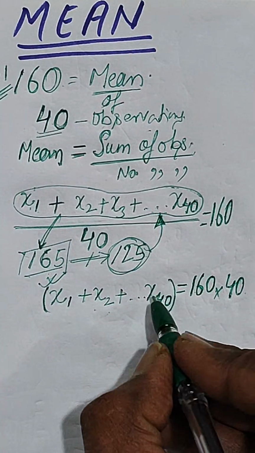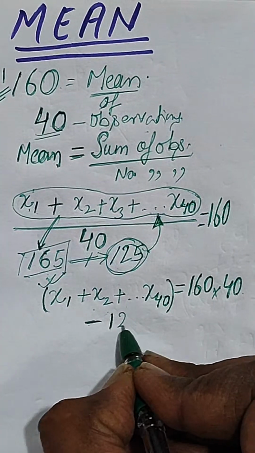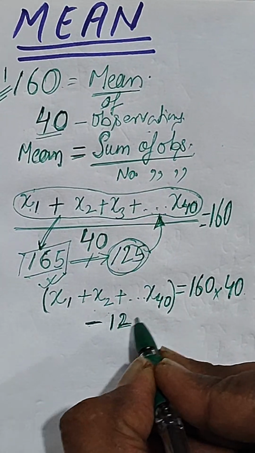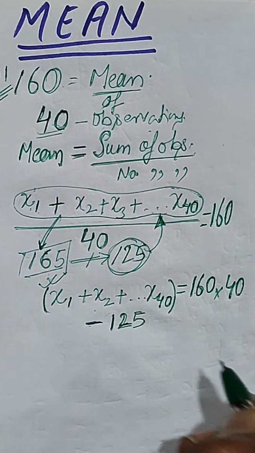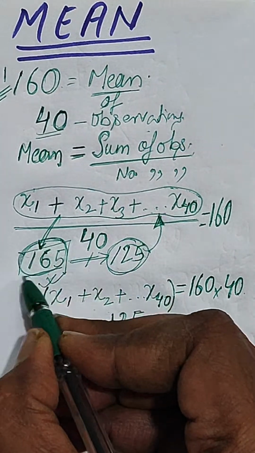So what we will do is remove this 125 from the sum, and add the correct data 165.